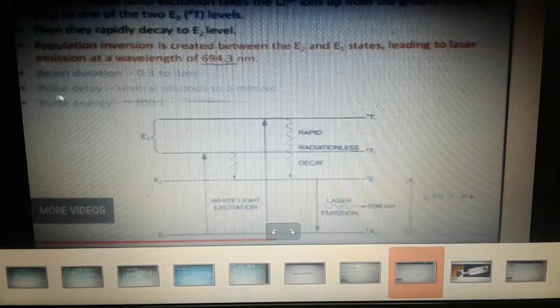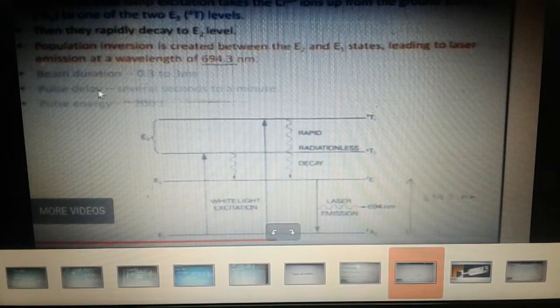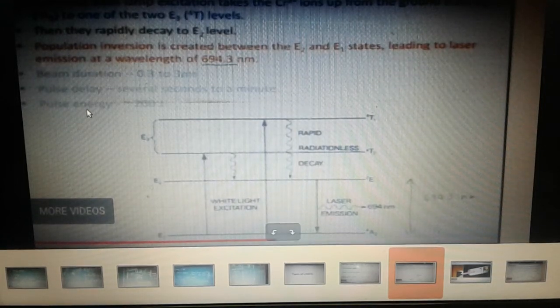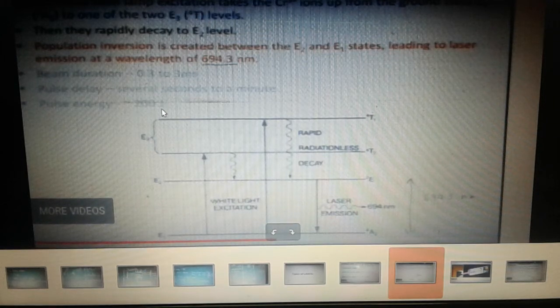The output beam duration is from 0.3 to 3 milliseconds, which is the time during which we get the pulse. The pulse delay, the time between two successive pulses, is between several seconds to a minute. And the energy obtained from the laser light of the ruby laser is about 200 joules.